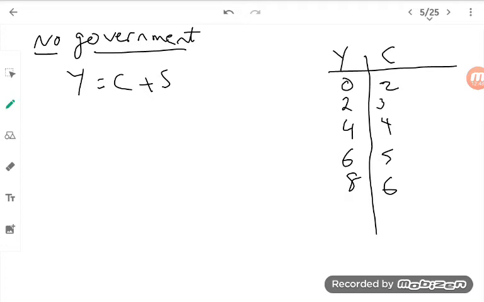Okay, this schedule shows the relationship between income and consumption. As income increases, consumption is going to increase as well.